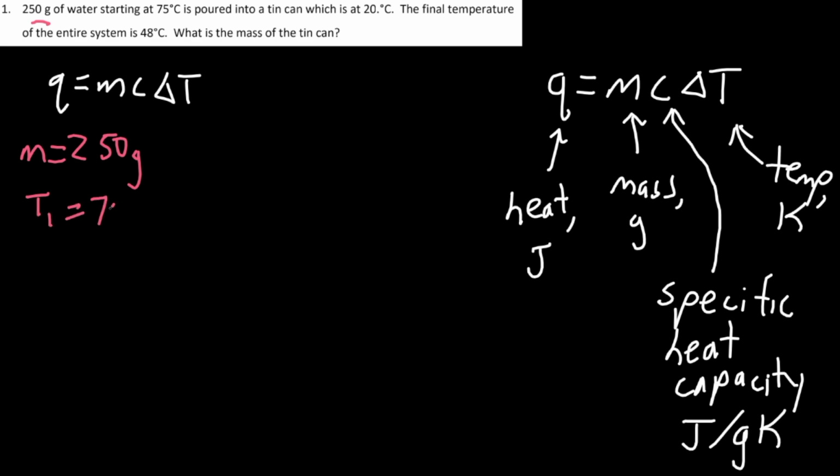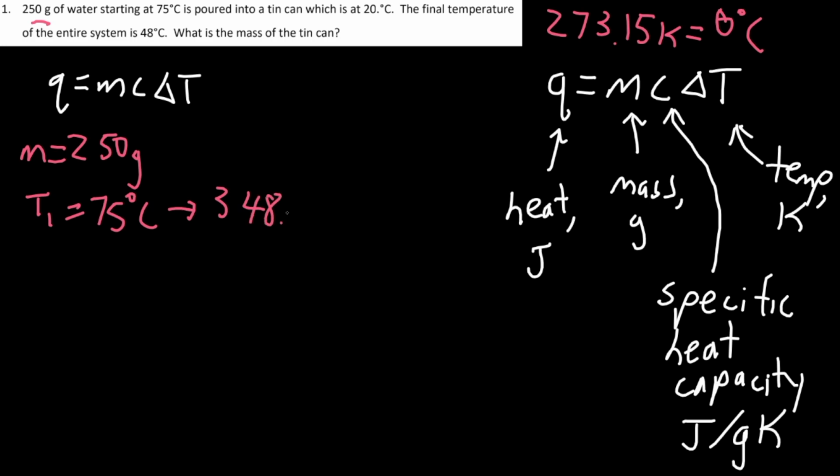75 degrees Celsius. Now to convert this into Kelvin, you'll be adding 273.15. So I'll write this up here. So 273.15 Kelvin is actually 0 degrees Celsius. So in this case, 75 degrees Celsius is actually 348.15 Kelvin.